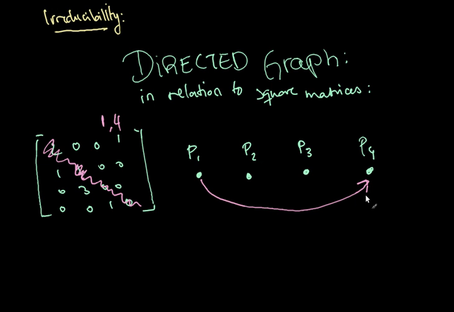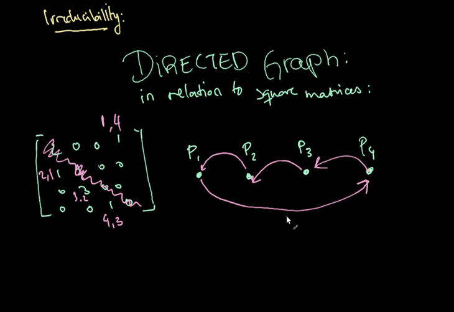So we make an arrow in this direction. Now let's look at the next one. This entry has index 2,1, so we draw an arrow from 2 to 1. This entry has index 3,2, so we draw an arrow from 3 to 2. And this has index 4,3, so we draw an arrow from 4 to 3.